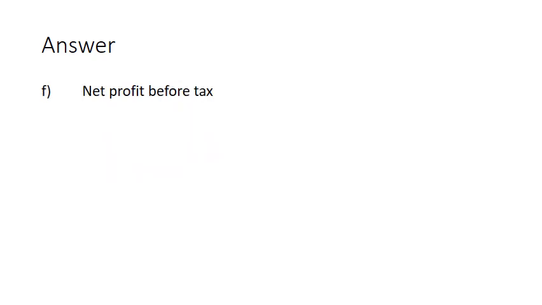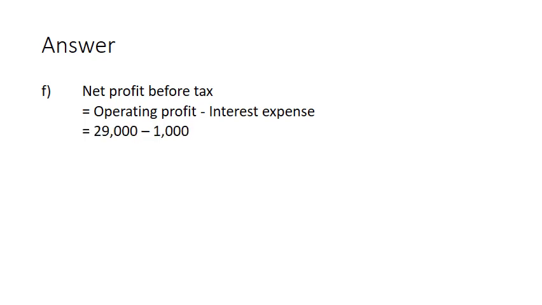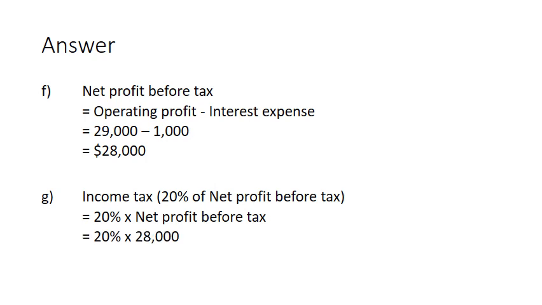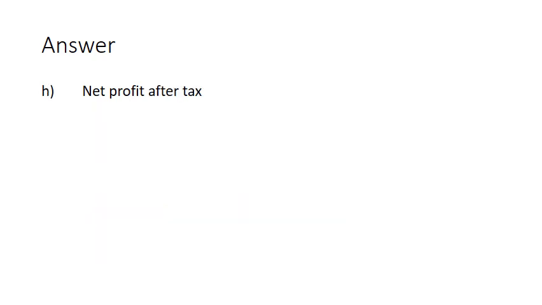Net profit before tax equals operating profit minus interest expense, which is 29K minus 1K, equals 28K. Income tax is 20% times net profit before tax. So it's 20% times 28K, which equals 5.6K. Net profit after tax is net profit minus income tax.